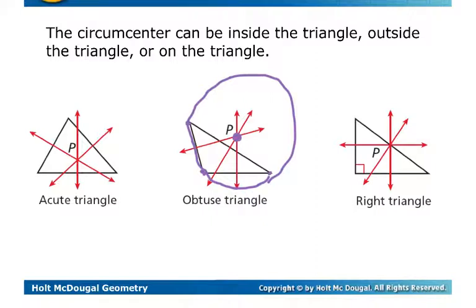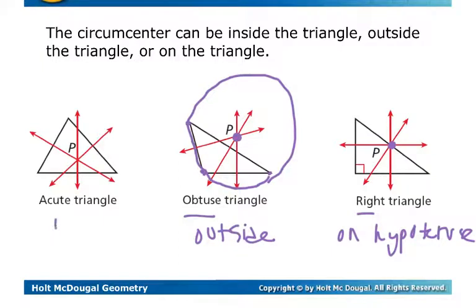That's what happens sometimes, especially with obtuse. Then we also have the right triangle, which is very interesting because the circumcenter is actually on the hypotenuse. An obtuse triangle ends up being outside, and an acute triangle has a circumcenter inside.